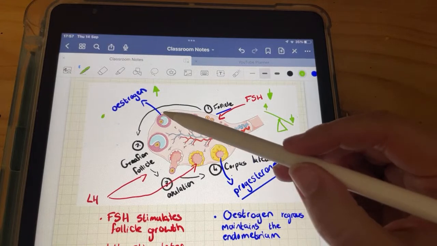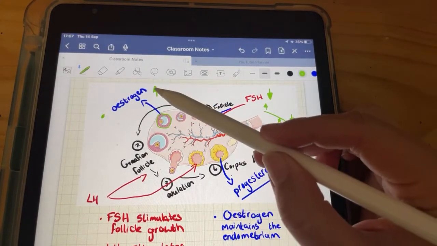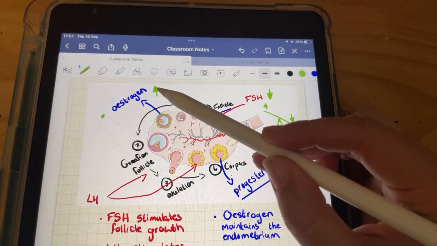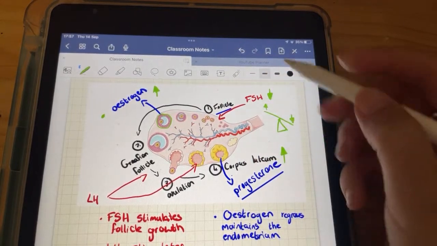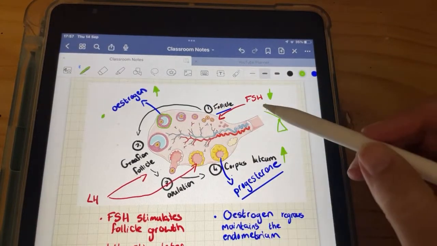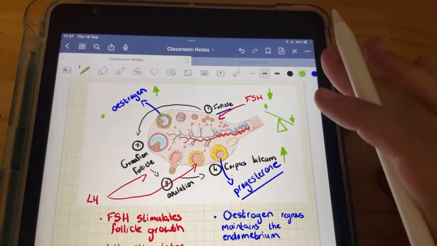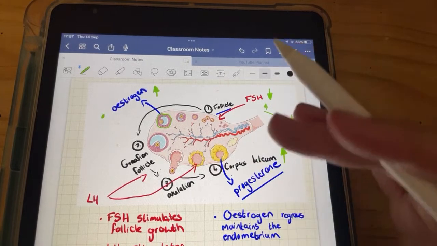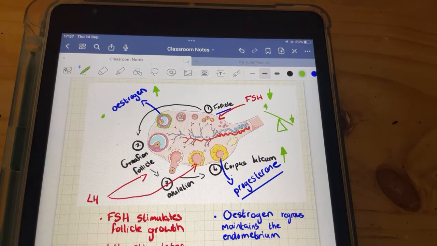And as this one here is growing and making even more estrogen, the fact that it's growing and making more is naturally going to suppress FSH. In other words, cause FSH to go down. It's signaling to the pituitary gland, I'm already growing a follicle. We don't need another one. Please stop stimulating more growth. So again, if estrogen is high, FSH will be low.